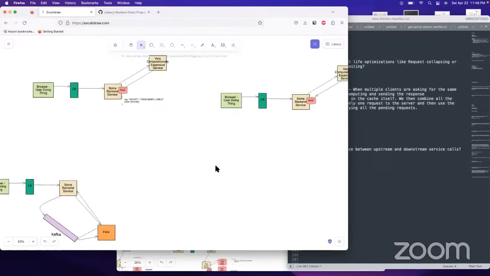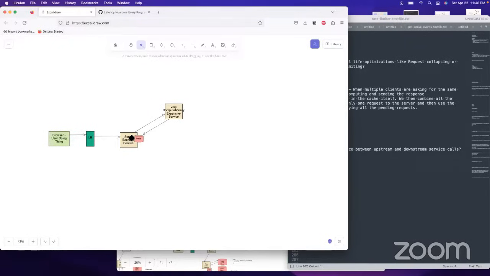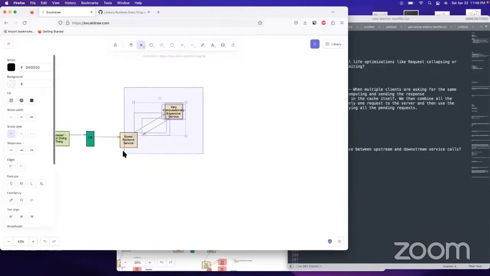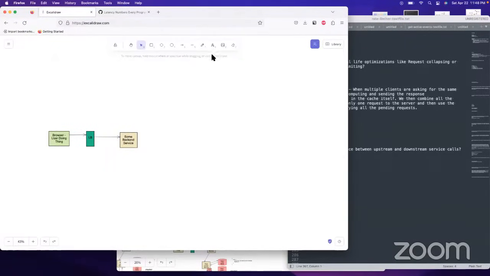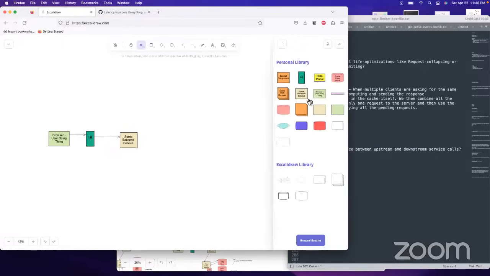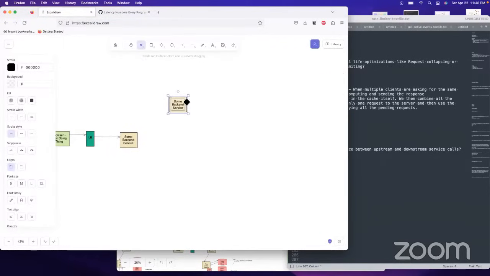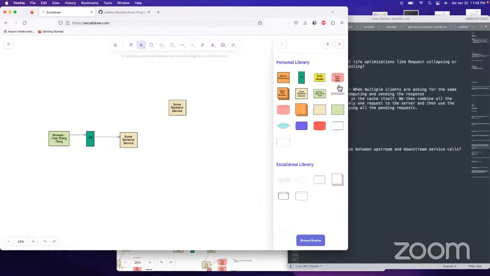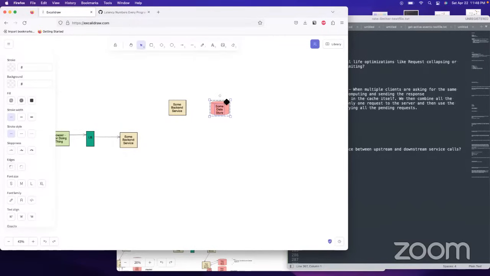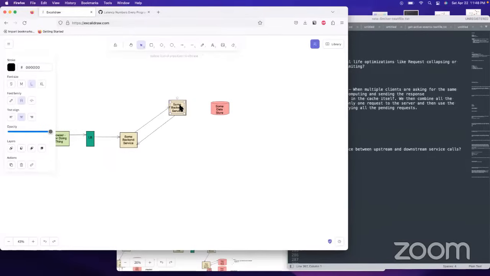So you've got your browser, and you've got some kind of service over here. And let's say that you want to fetch some data from a different service. So this is some other service, you want to fetch data from it. You're like, hey, give me some data. That one I think is upstream from you.